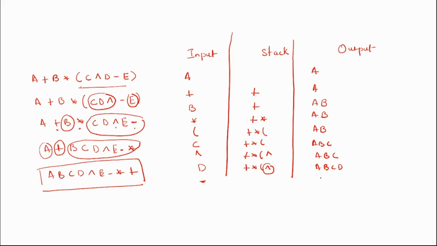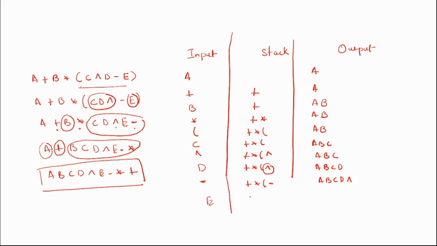So now if I pop it, I will have a b c d exponential, and then minus needs to be pushed into the stack. Where will we push into the stack? After the parenthesis, right? Plus star minus, correct? And then I have e.